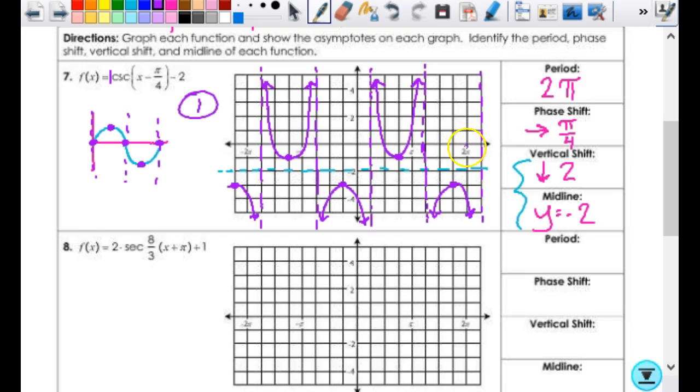Without the shift, I'd have an asymptote at 2 pi. If nothing got shifted, the end of my period would be at 2 pi, right? But because of the shift, it gets shifted over. Does that make sense? Is that what you're asking? Okay. All right, anything else?